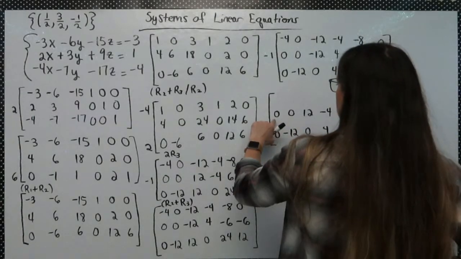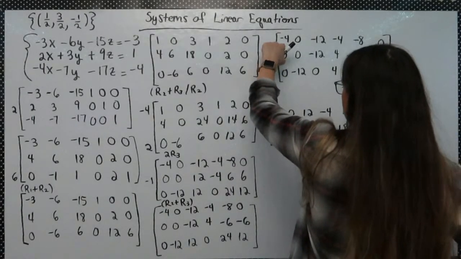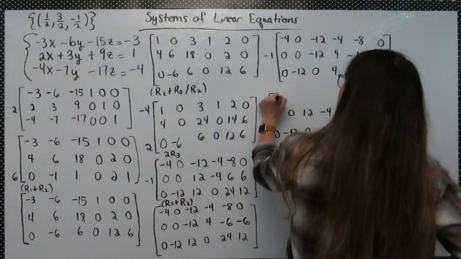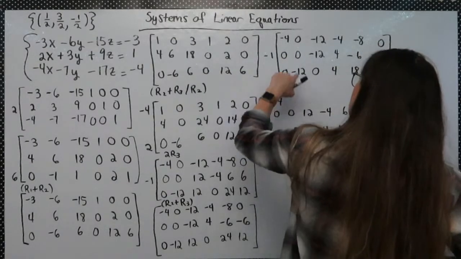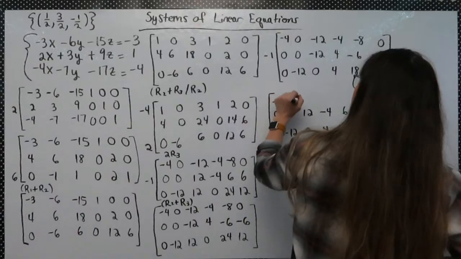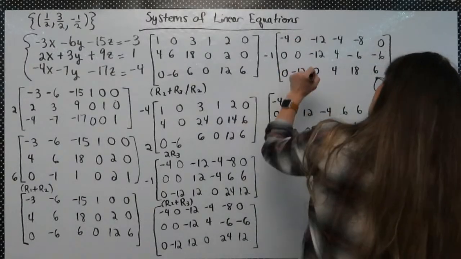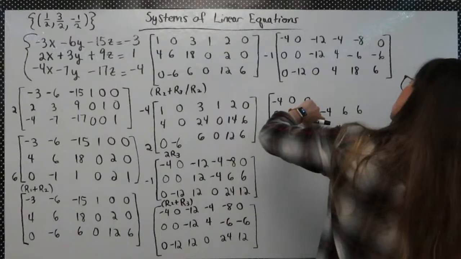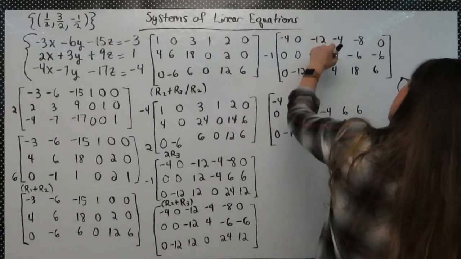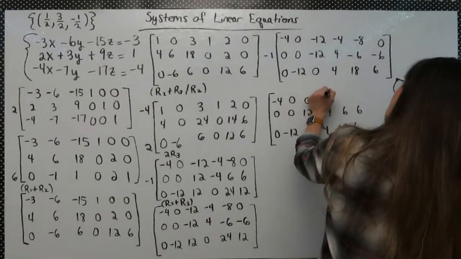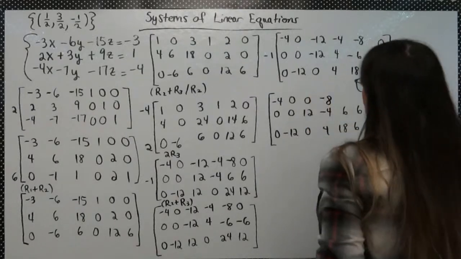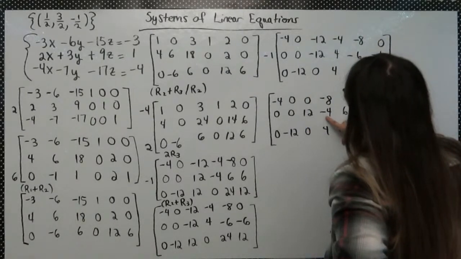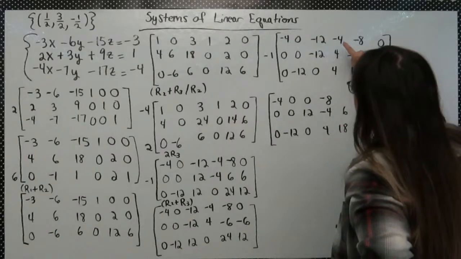And then I'm going to add this row with the first row, second row, first row. So that's -4, 0. 0 plus 0 is 0. 12 plus -12 is 0. -4 minus 4 is -8. All right, let's see. What's this?